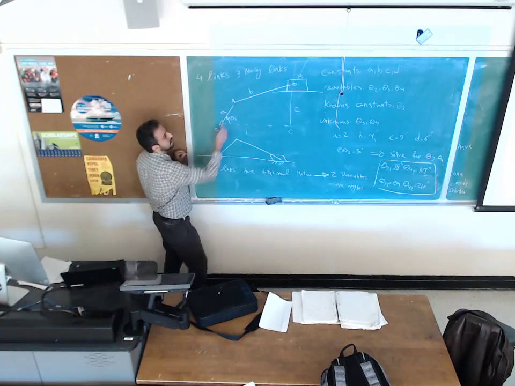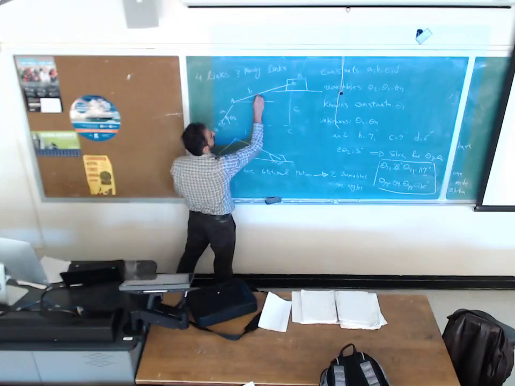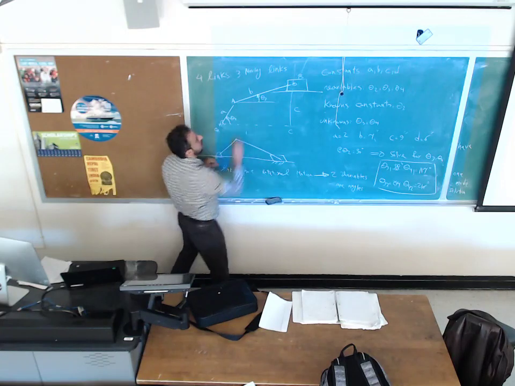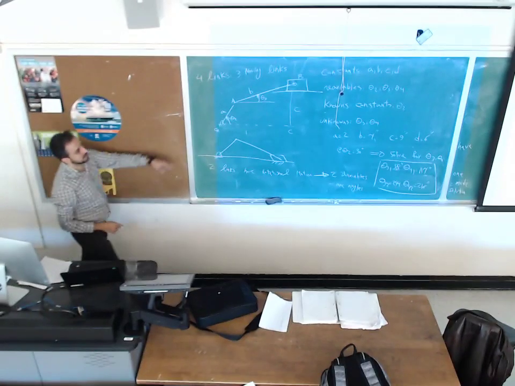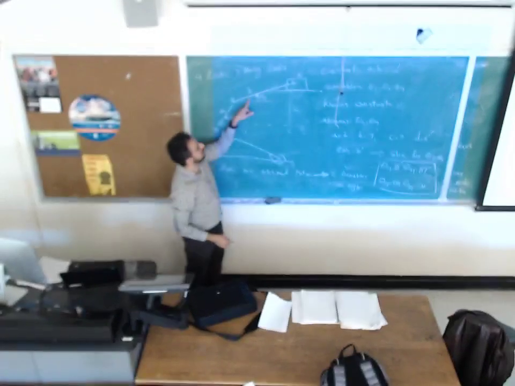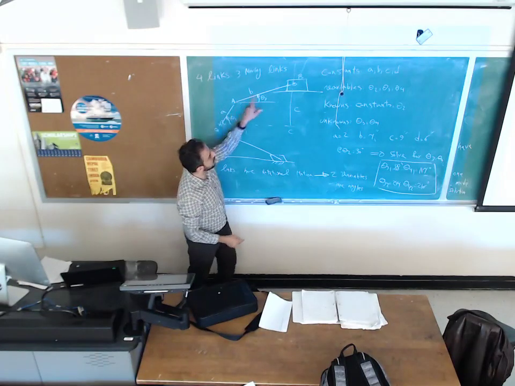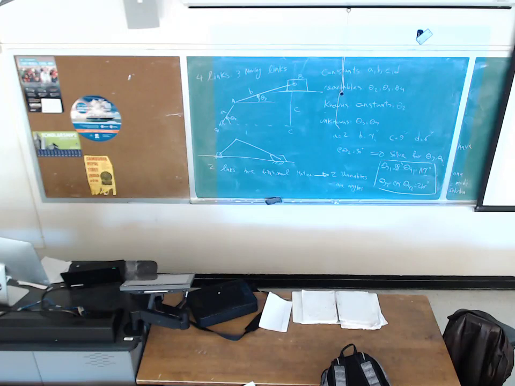Link 3, I can represent the orientation from the ground at point A or point B. Here you see I measure the orientation of link B at point B. Both are correct, depending on how you label the links and the angles.